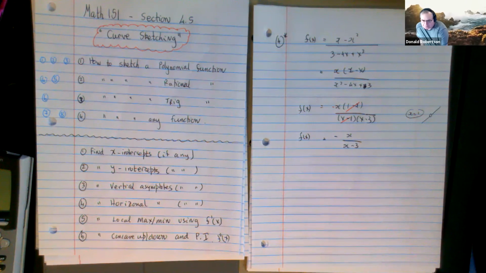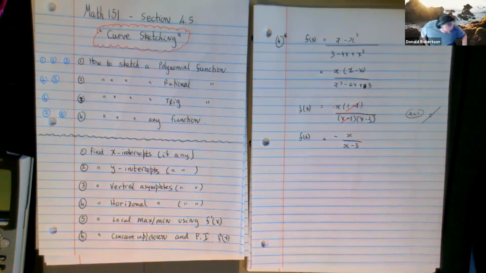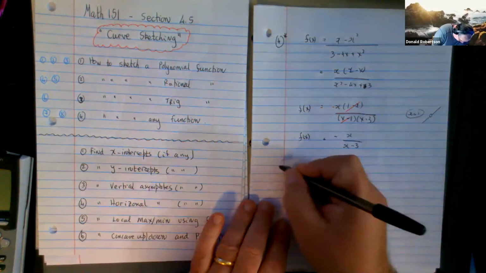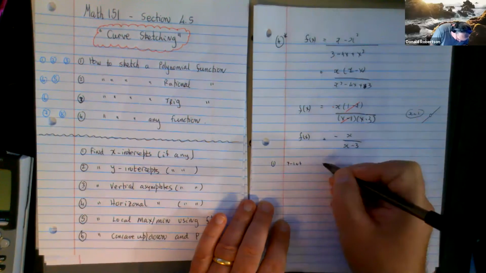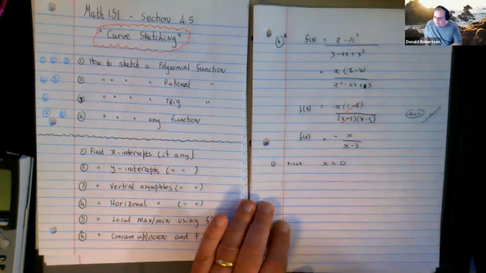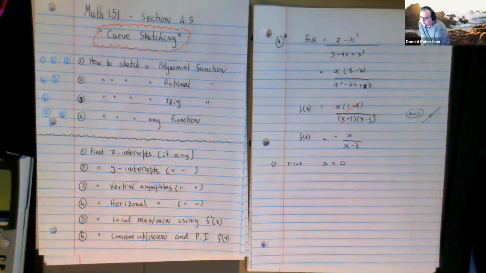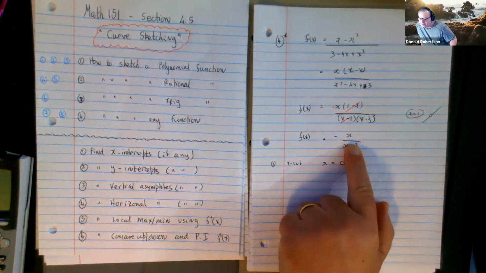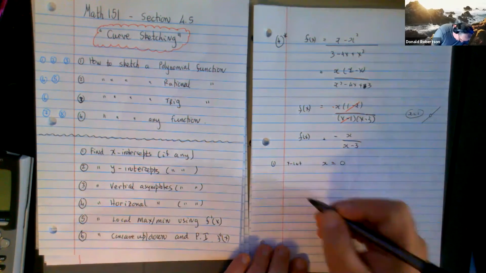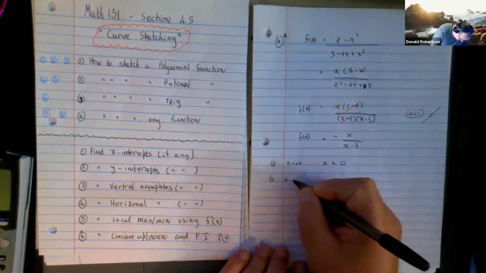Right, now, I need an x-intercept, I need a y-intercept, so let's go through my hit list. And to get an x-intercept, can I just tell you x equals 0? Can you look at that right away? Because if you make that 0, isn't the top 0 and the top 0 is x? Now I want a y-intercept.